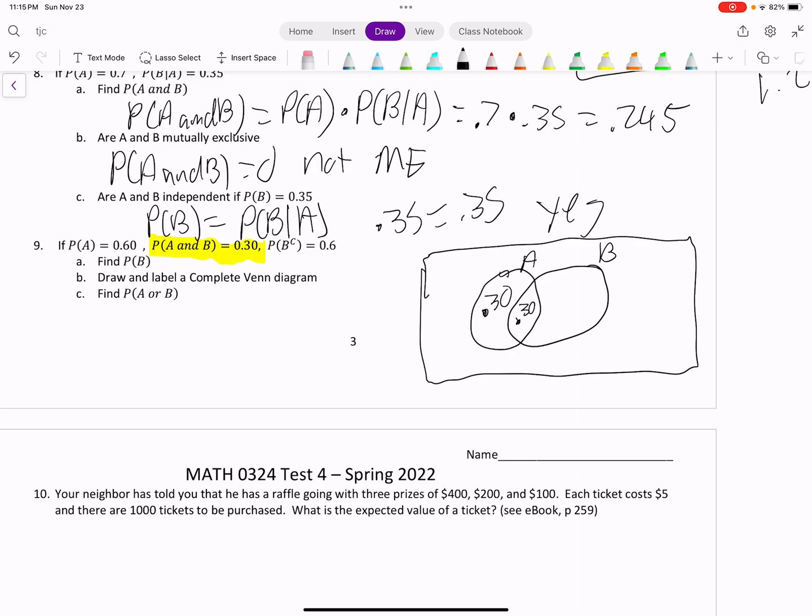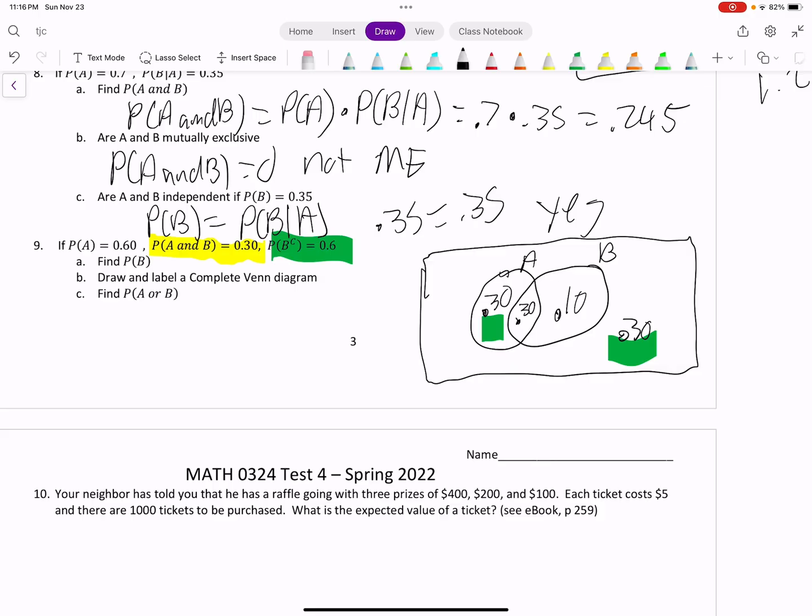So that means both this region and this region have to add to 60%, because those are both regions outside of B. Therefore, this also has to be 30%, because the two green regions have to add to the 60% because of this rule here. Okay, then the only region left to fill out is the probability of B that's not also in A. And all the probabilities have to sum up to 100%. So that leaves this with just 10%. Okay. Because 30 plus 30 plus 30 plus 10 is 100%.